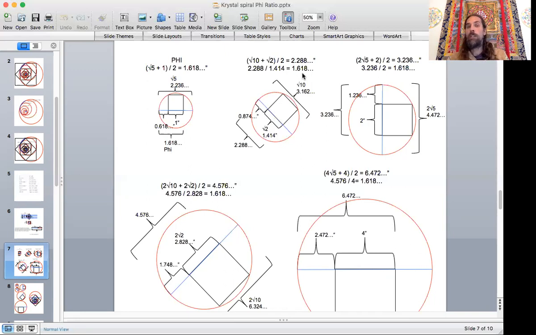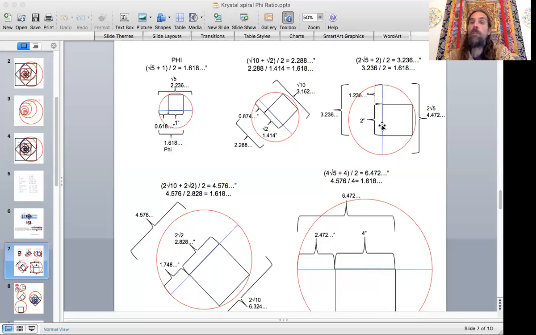So, just a few more examples. I didn't do all of them, and there's no point in reiterating this over and over again. But with the next one, you'll see I'm dealing with the square root of 5 times 2. So now I've got this whole length, right?